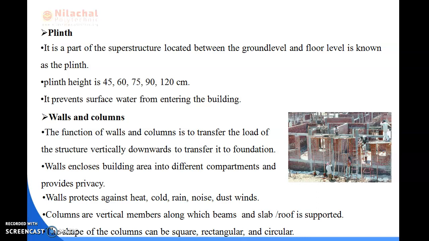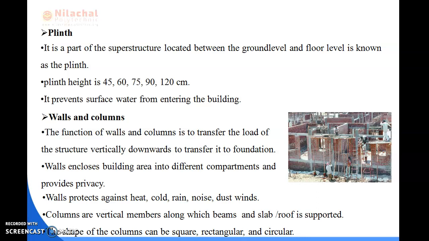Columns are the vertical members on which the beam and the slab or the roof is supported, and the shape of the columns can be square, rectangular or circular. So we can say that the function of the walls and columns is mainly to transfer the load of the structure vertically downward, and that load will be transferred to the foundations.